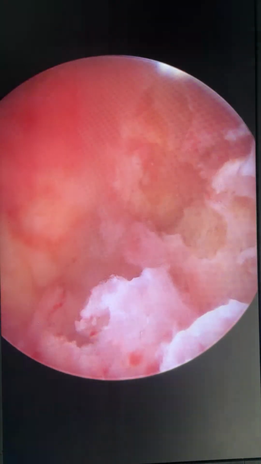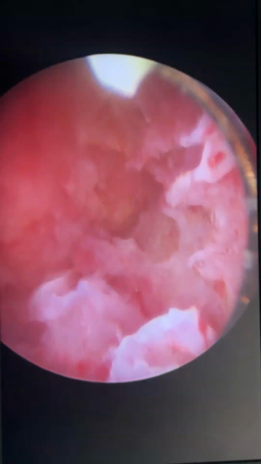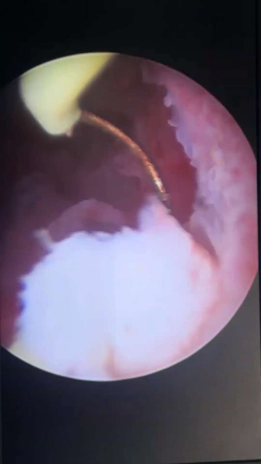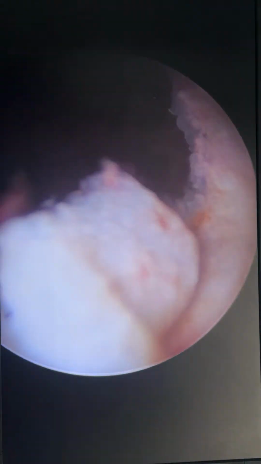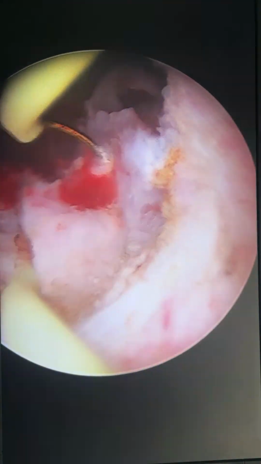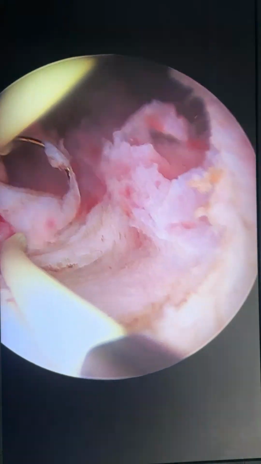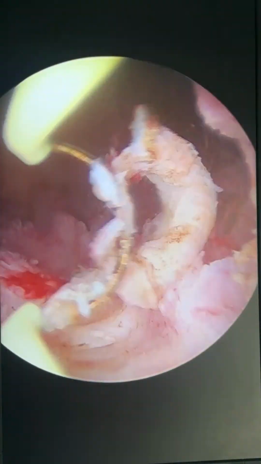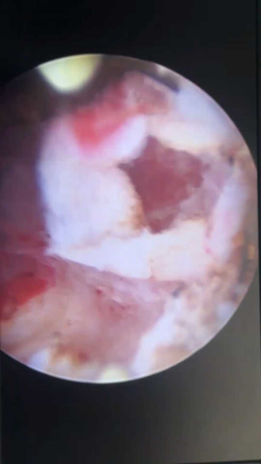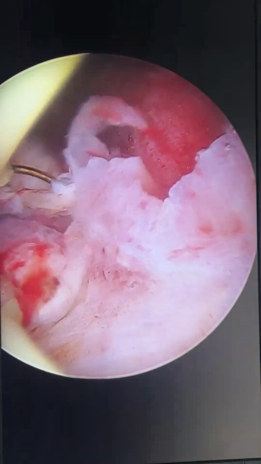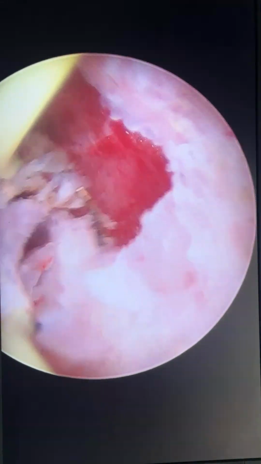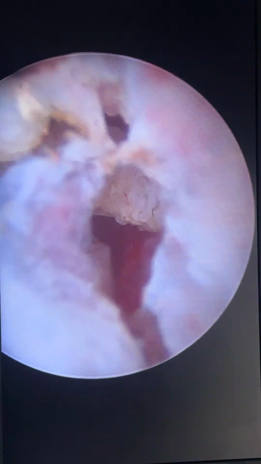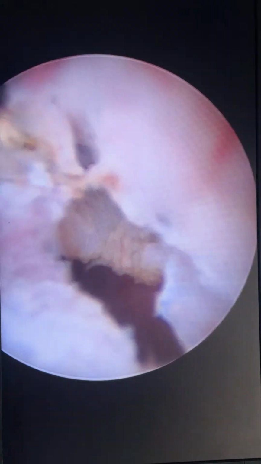So I have to just totally reverse, and now here you can see the niche which I am dissecting away.